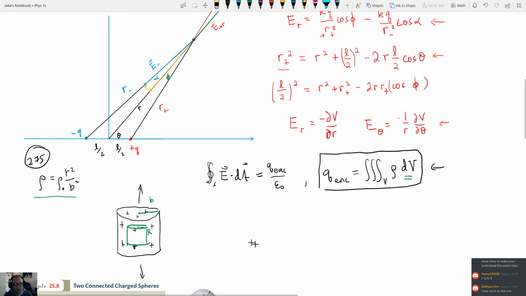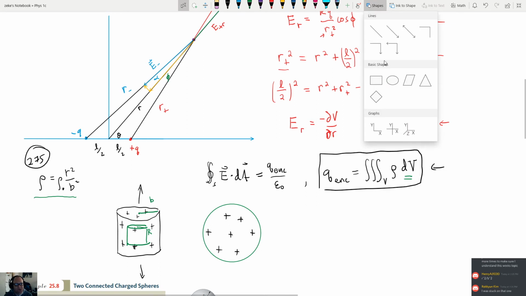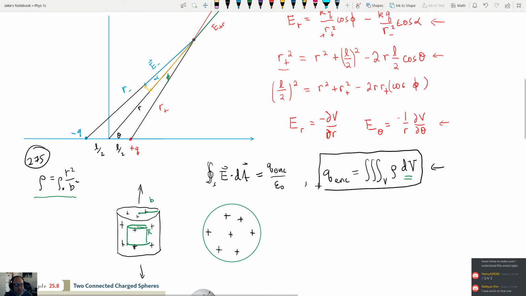So if this is the top of our cylinder right here, and it contains all of our charges, we're looking at the top of the cylinder now. What we need to do is basically construct a thin tube. The tube is going to be inside of here, so it's going to have an inner radius like that.